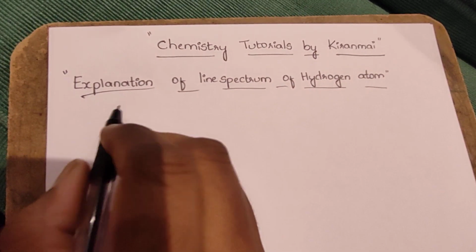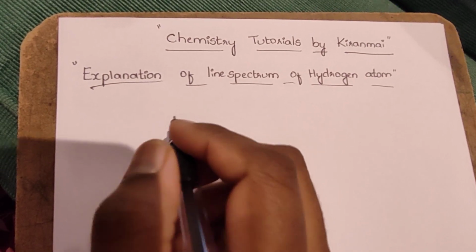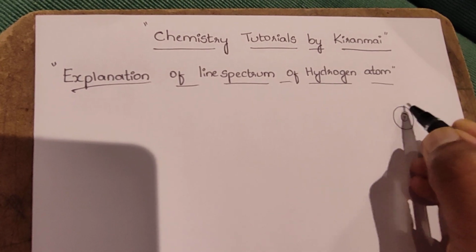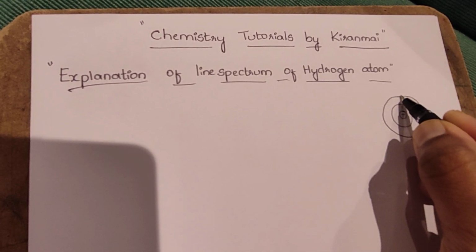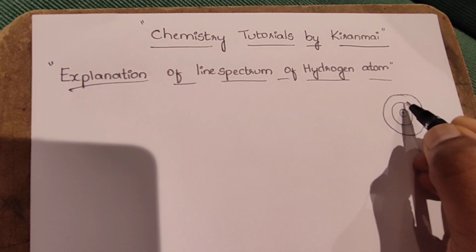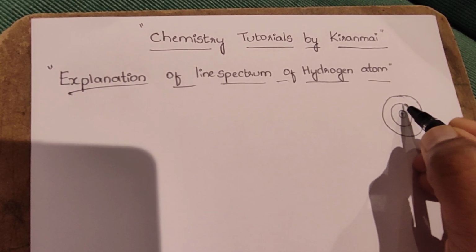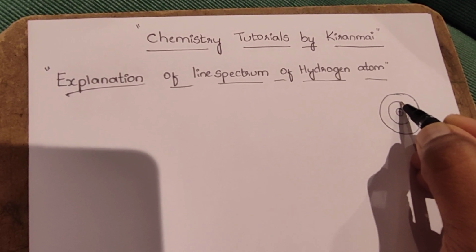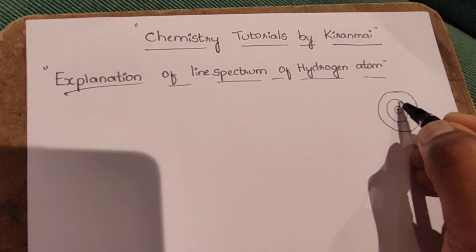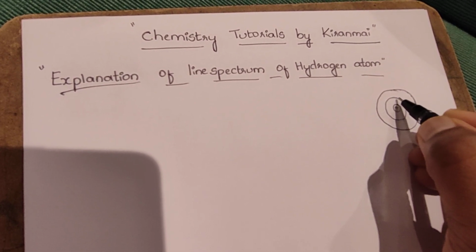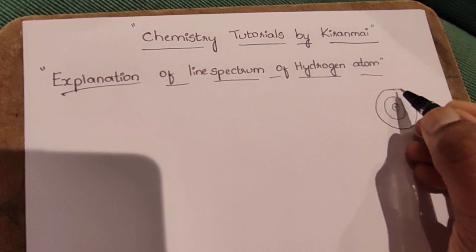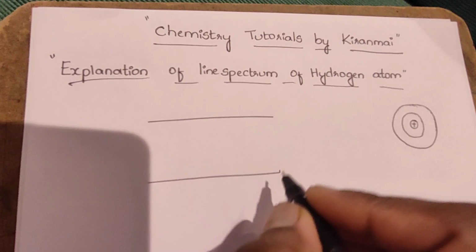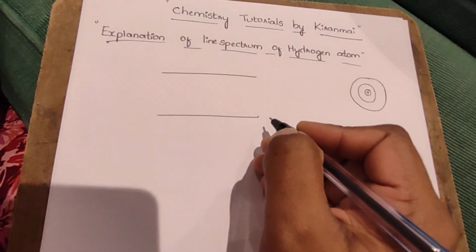Let's discuss this. According to Bohr's postulates, electron revolves round the nucleus in a circular orbit, and as long as the electron is present in a particular orbit, its energy is constant. It is only changed when the electron moves from one orbit to another orbit. Let us see, these two are orbits or stationary states.